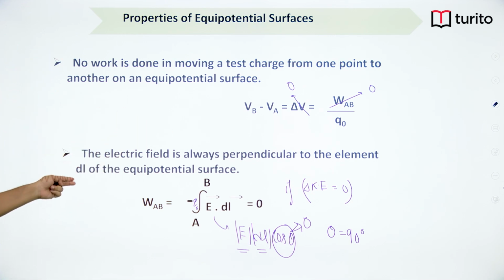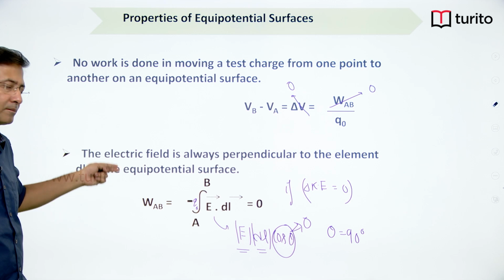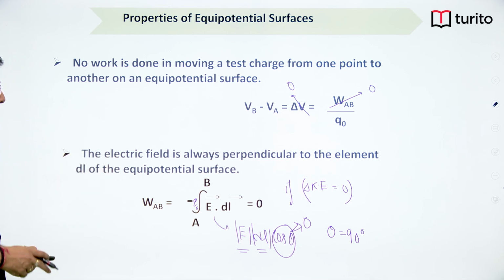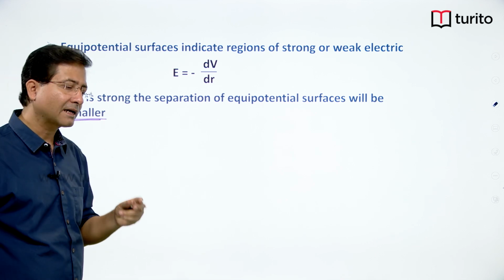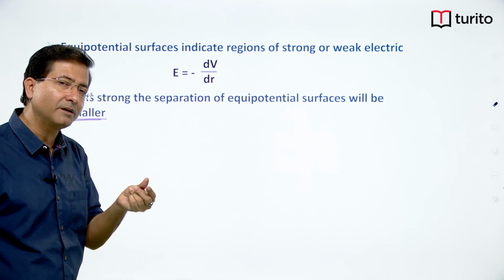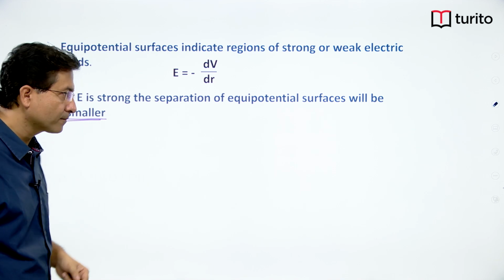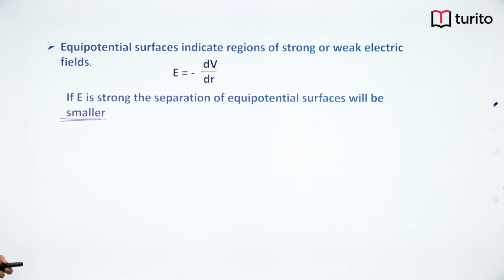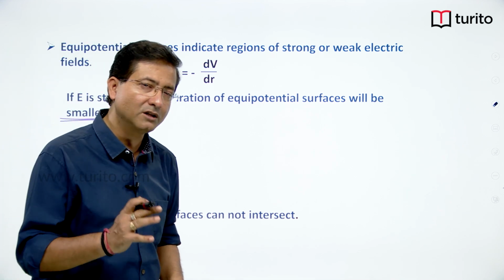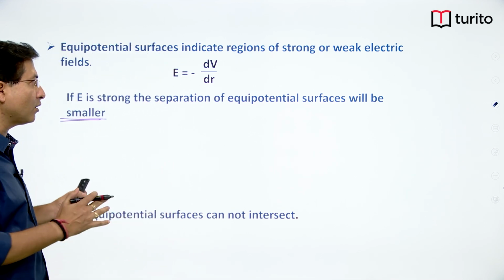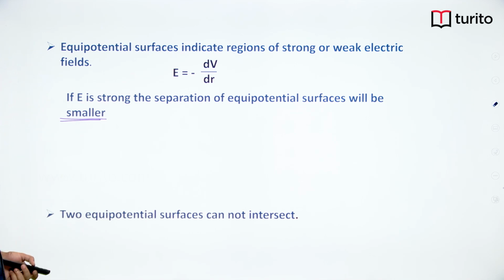Next one, the electric field is always perpendicular to the equipotential surface. Then third one, where the field is strong, the gap between equipotential surfaces will be smaller. Last one, two equipotential surfaces can never intersect each other. So, these are the four properties of equipotential surfaces.